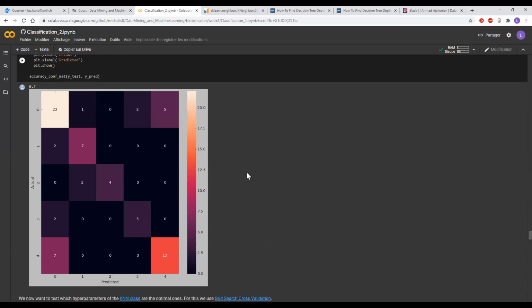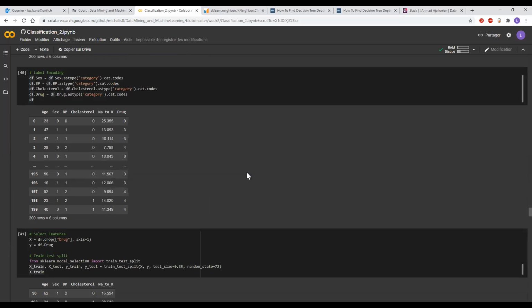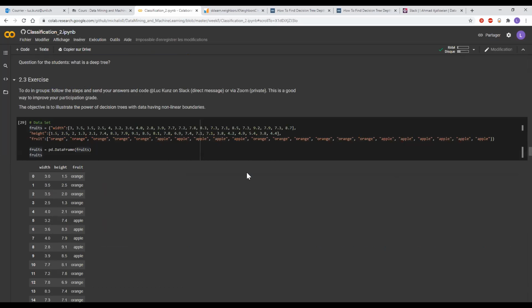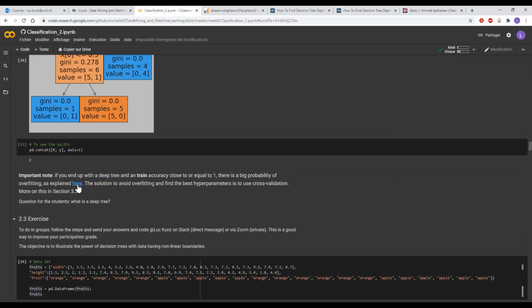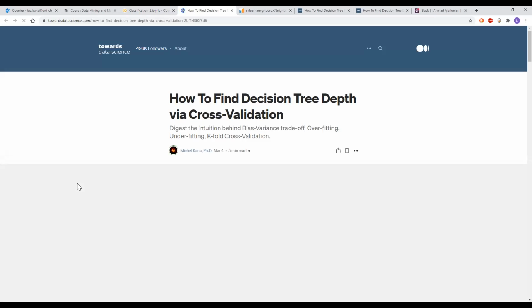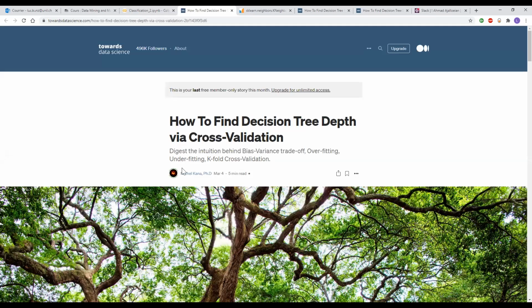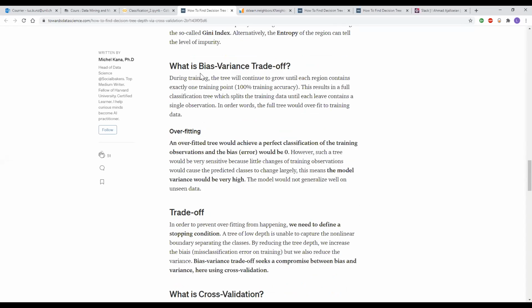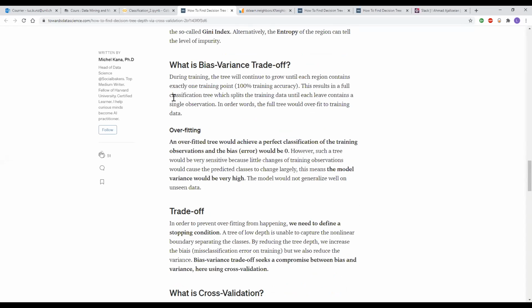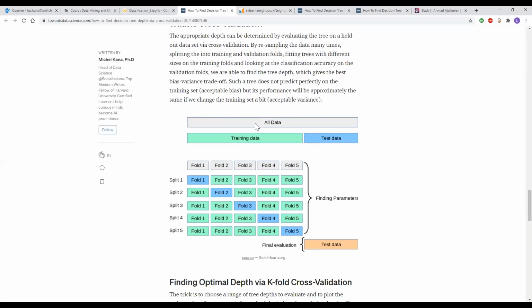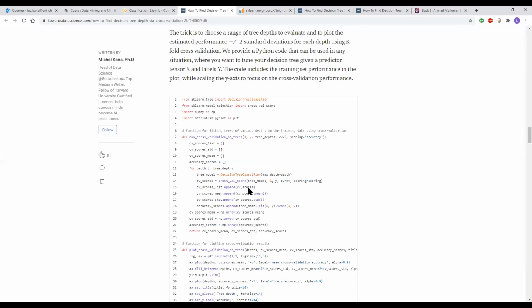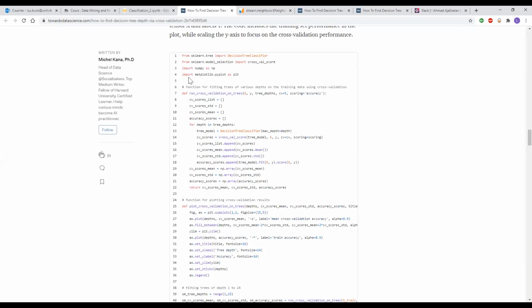So yes, I really recommend reading this article right at the beginning, this one, because it summarizes everything regarding decision trees. So what is a decision tree? How to train it, the bias-variance trade-off, overfitting, cross-validation, and there is also an example a bit complex because you can use this cross-validation class.